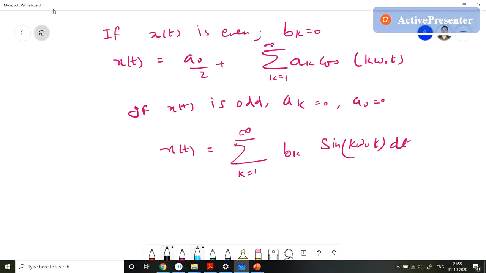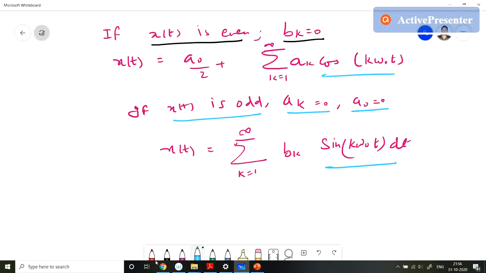So when x(t) is even, bk = 0, and when x(t) is odd, ak and a0 are both 0. We consider only sine terms when x(t) is odd, and only cosine terms when x(t) is even. These are some important points that we need to consider for our Fourier series.